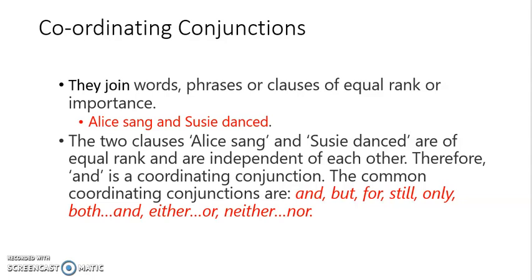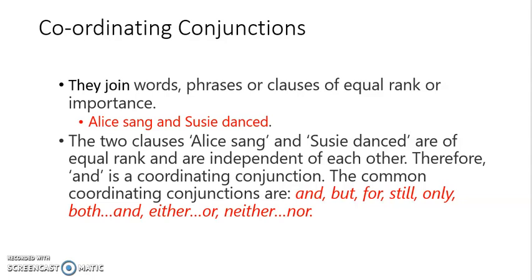For example, look at the example: Alice sang and Susie danced. So which are the two clauses there? Alice sang, and the next clause is Susie danced. They are two different sentences which are completely independent, not at all dependent on any external factors.